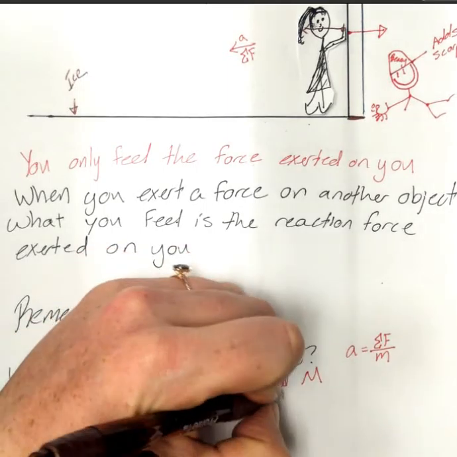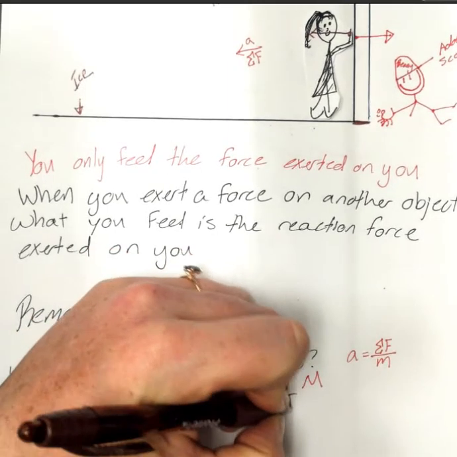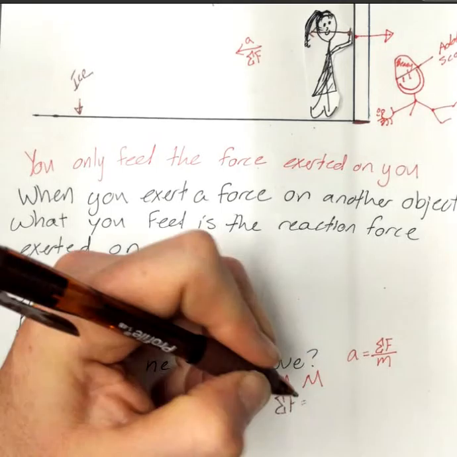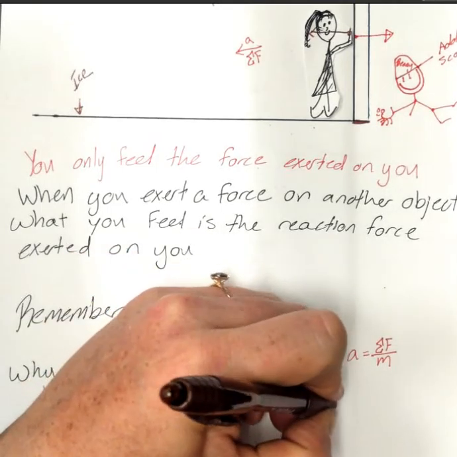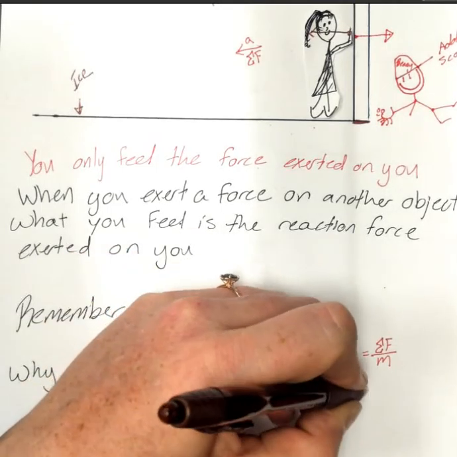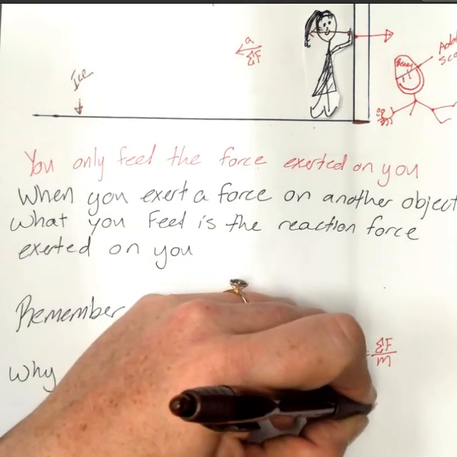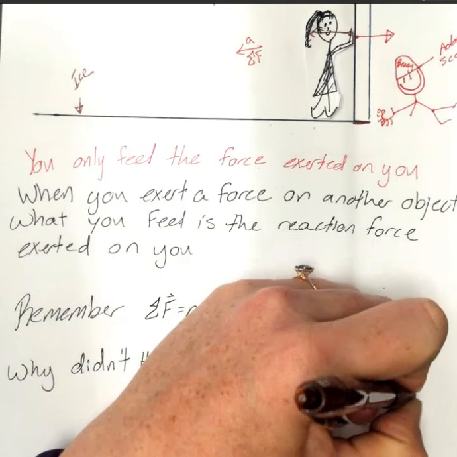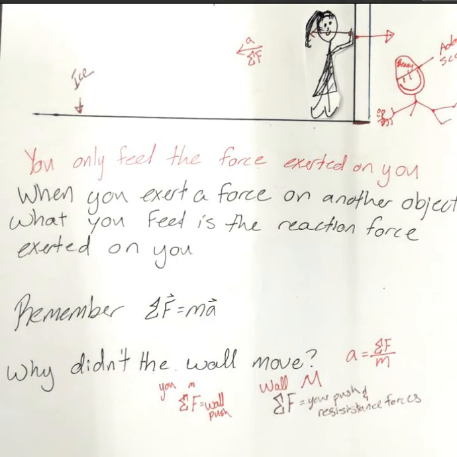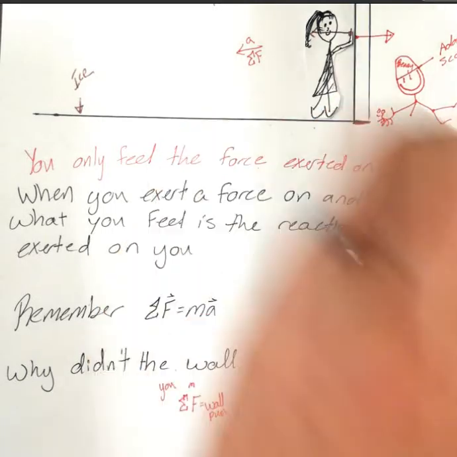Therefore, the wall's net force is going to be a result of your push and the resistance forces that the wall experiences due to its situation. So that means that the net force that you experience can be different than the net force that another object is experiencing if the total forces acting on you are different than the total forces acting on the wall.